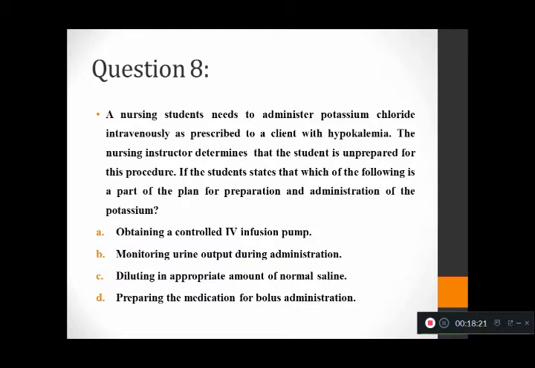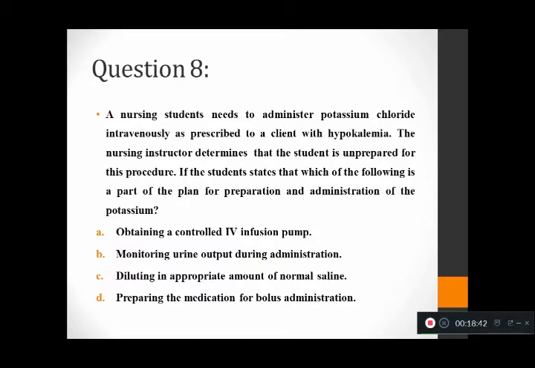So the instructor, after hearing the student's statement, comes to a conclusion that the particular nursing student is not ready to administer potassium chloride.